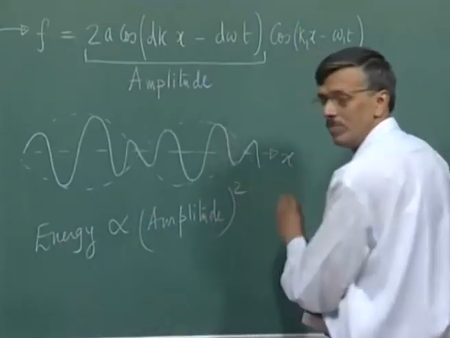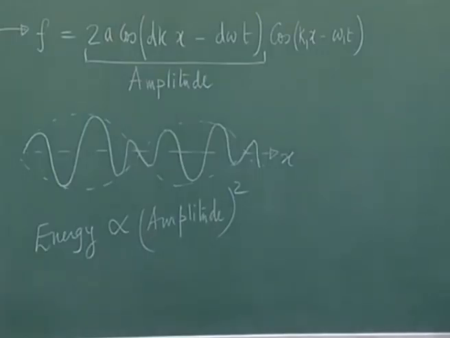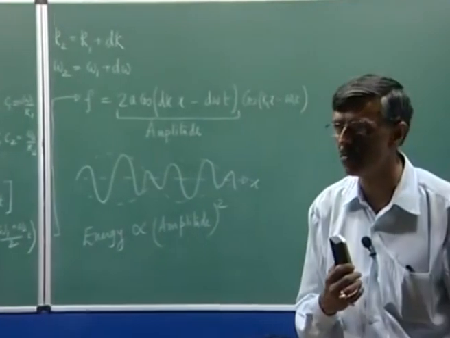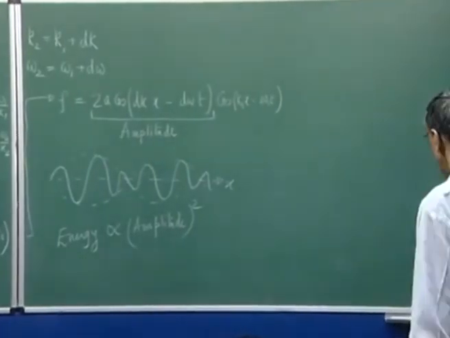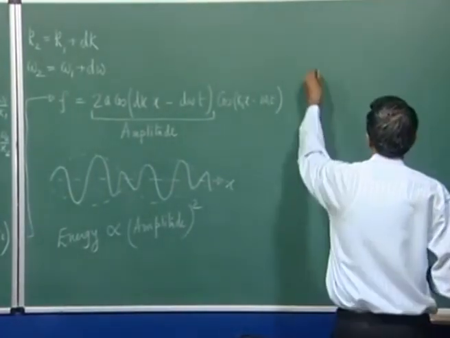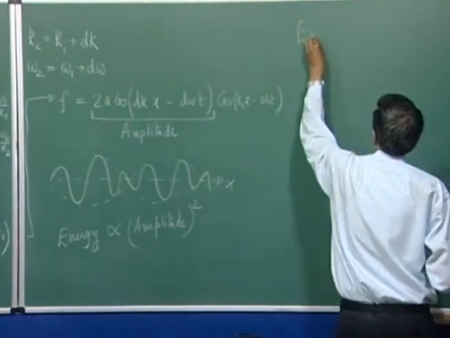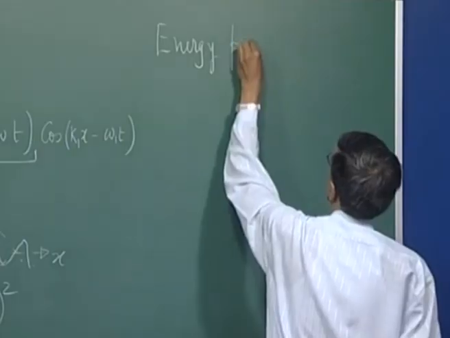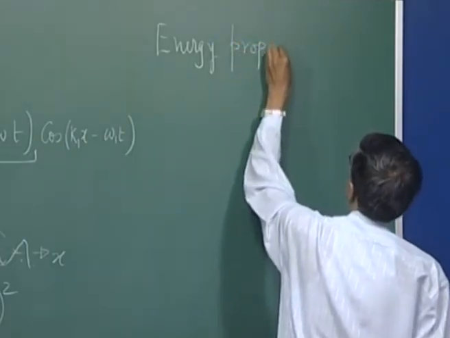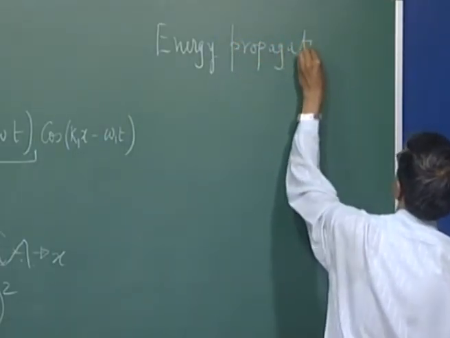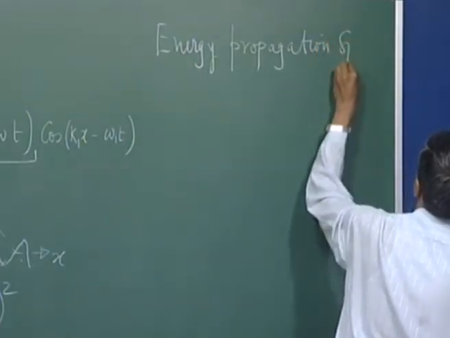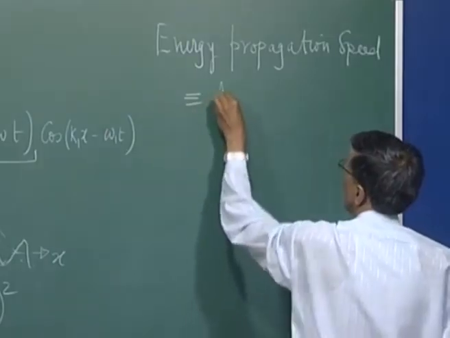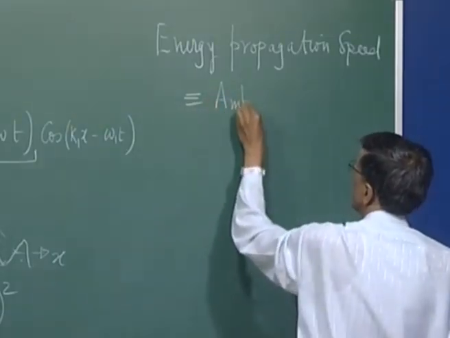So the speed at which the amplitude propagates would also be the speed at which the energy propagates. So basically we conclude that the energy propagation speed would be equal to the amplitude propagation speed.